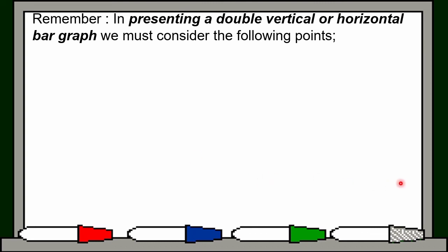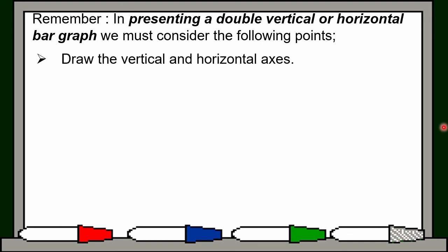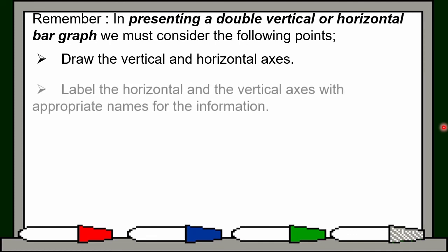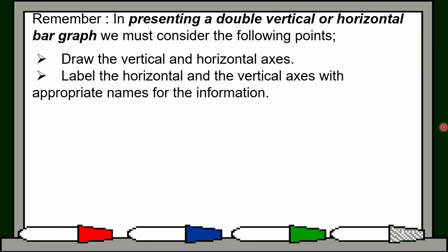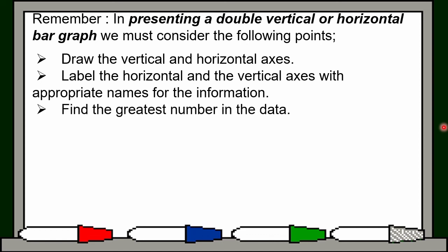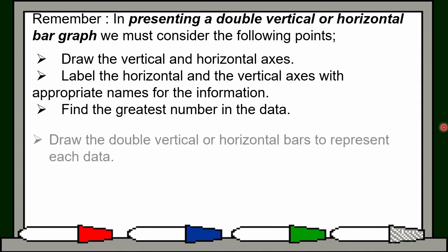Remember, in presenting a double vertical or horizontal bar graph, we must consider the following points. First, draw the vertical and horizontal axis. Next, label the horizontal and the vertical axis with appropriate names for the information. Then find the greatest number in the data.